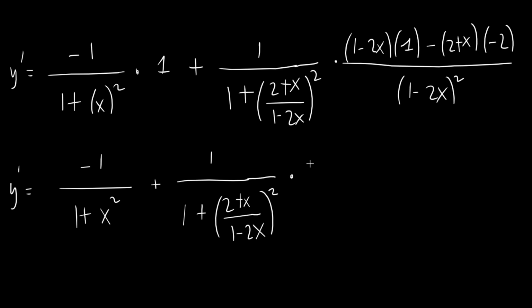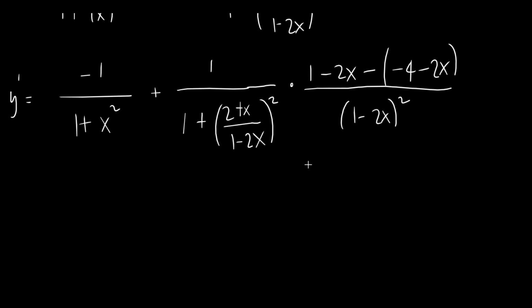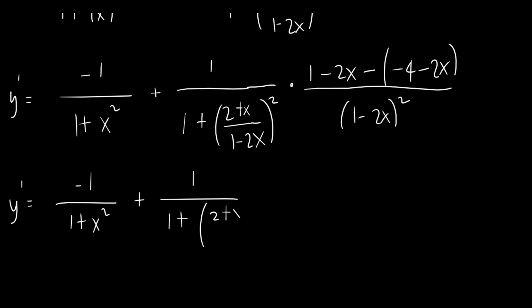So simplify: we have 1 minus 2x minus negative 4 minus 2x all over 1 minus 2x raised to the power of 2.